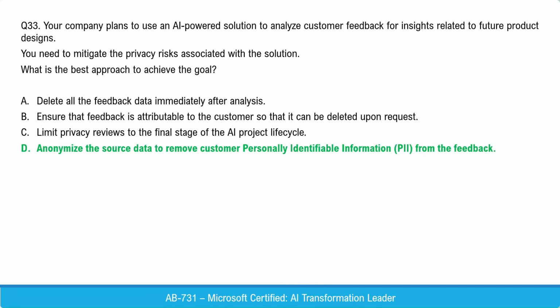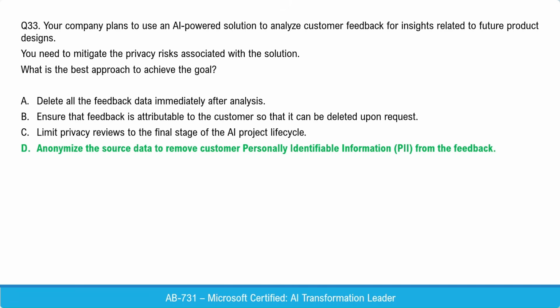Second, it still allows the organization to extract meaningful insights from the data. Now let's look at other options. Option A suggests deleting all data after analysis. While this reduces risk, it is not practical because organizations often need data for future analysis or model improvement. Option B suggests keeping the data linked to customers.